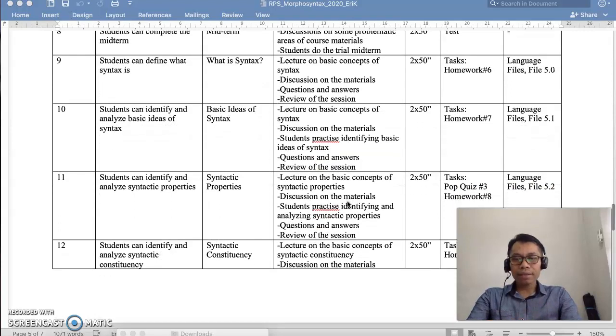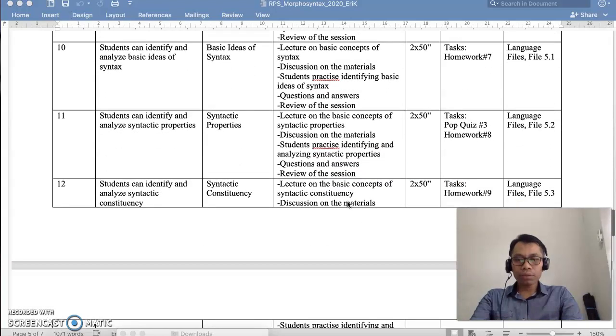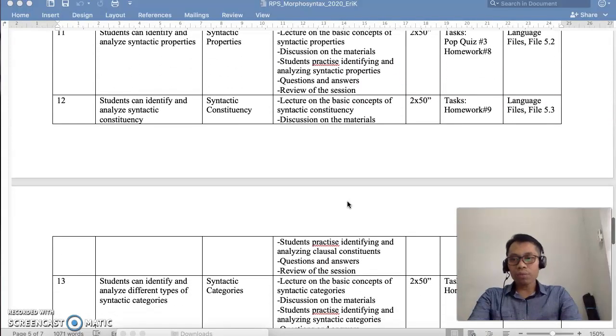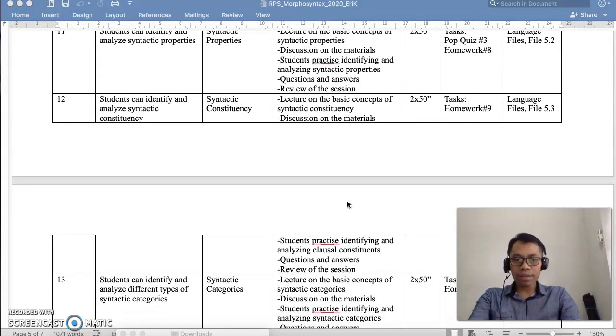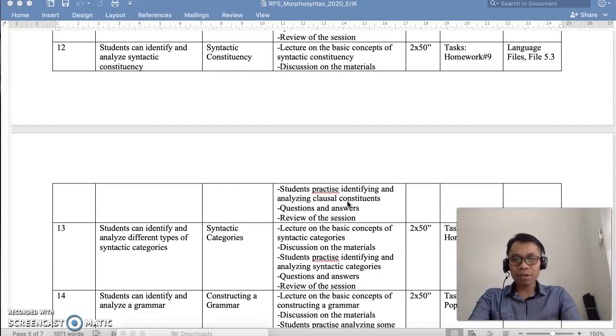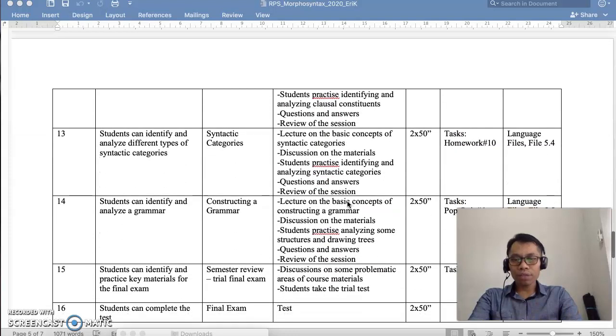In week 10, we'll touch on some basic ideas of syntax. In week 11, we'll talk about syntactic properties, what are the basic concepts behind certain syntactic properties. And in week 12, we'll talk about syntactic constituency. It's an interesting concept, and you will know later.